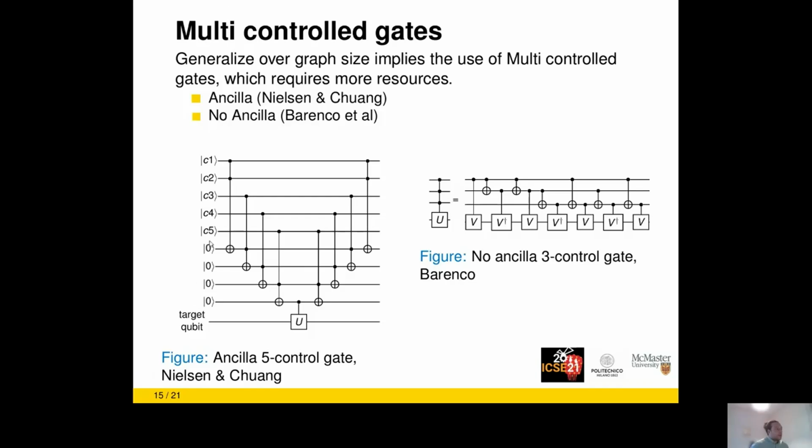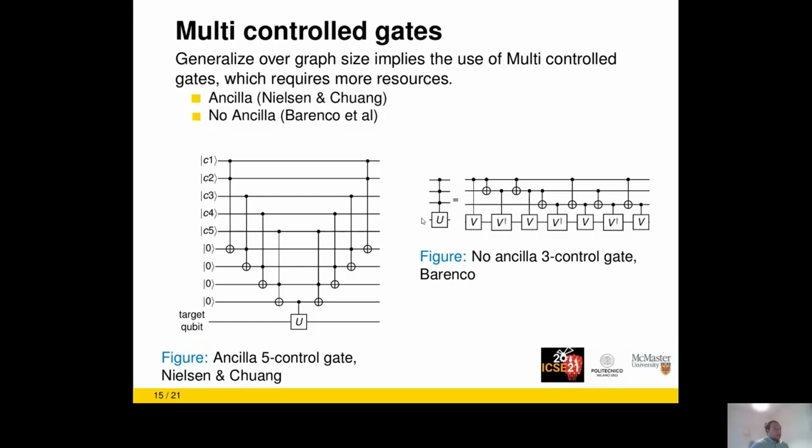We can see them in the last part of the circuit. Basically, this is the construction of a 5-controlled Toffoli gate. To construct this gate, we need an additional 4 qubits. And so this is why it's very expensive.